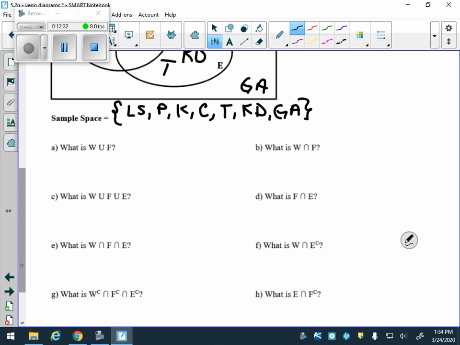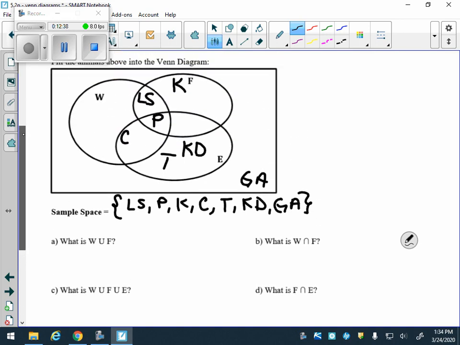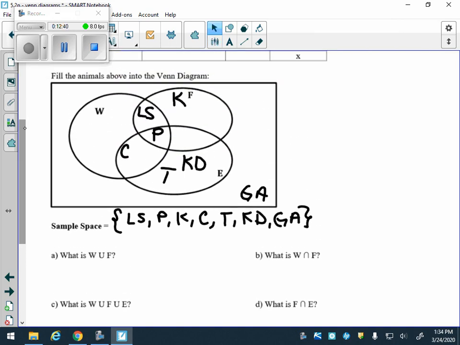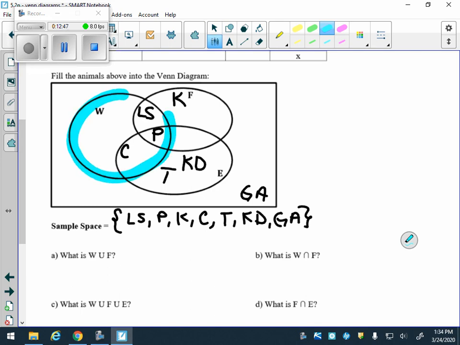Okay, so A is talking about webbed feet or fur or both. So if I was to highlight the circles, what this is talking about is webbed feet, so all the animals in this circle, or fur, all the animals in the fur circle.